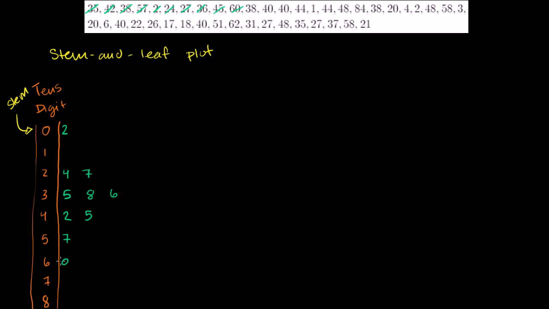I think you get the idea, but just for the sake of completion, let's finish all of these. 38, 40, another 40, a 44, a 1, another 44, a 48. So a lot of things in this 40s bucket. 48, an 84, a 38.